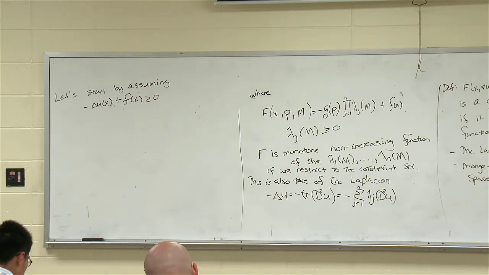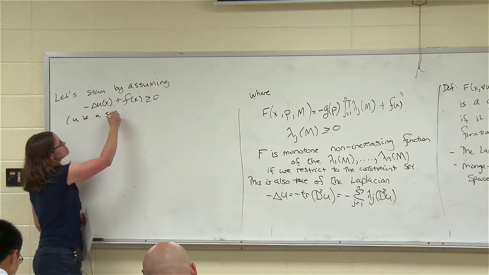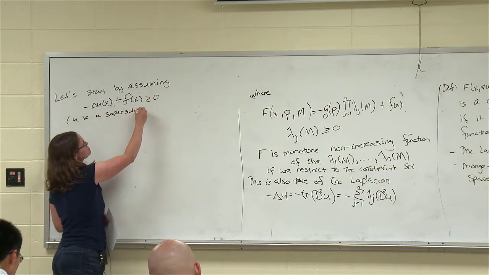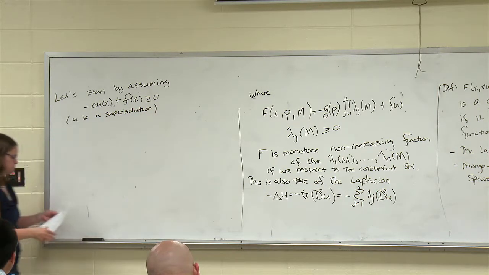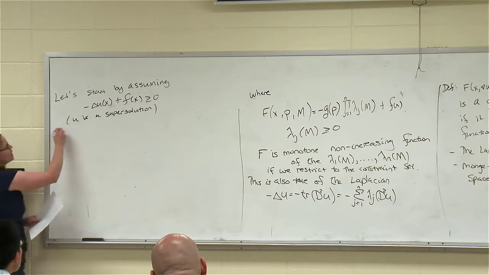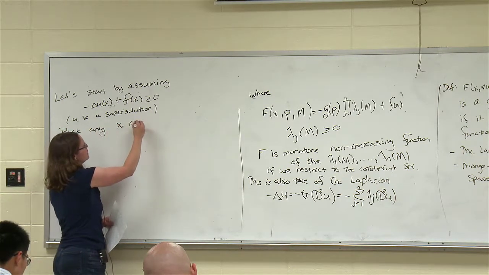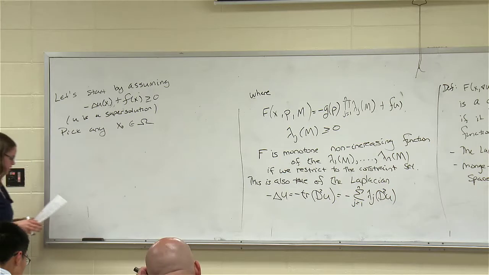In other words, u is a supersolution of this Poisson equation. Now I'm going to focus on any point x naught in the domain, and we're going to see how we can test this or use this fact. So let's pick any x naught in our domain and see what we can learn about this.